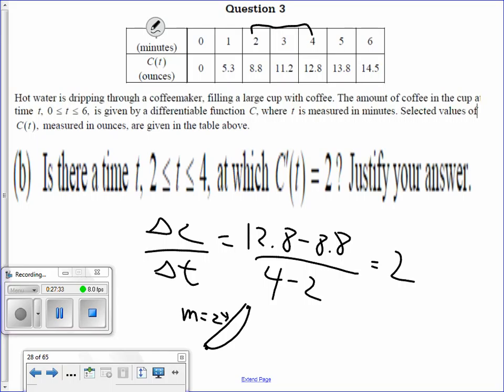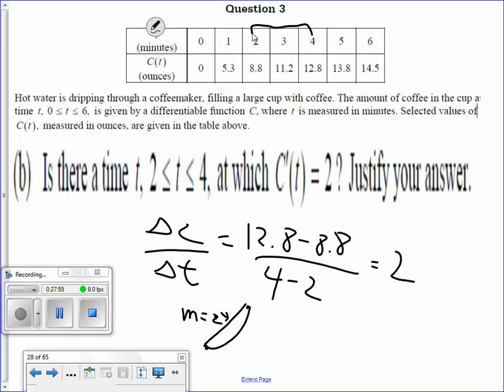What kind of a function does it have to be to have a point in there where the tangent has a slope of 2? This is one of the theorems that says as long as it's continuous and differentiable, this is the mean value theorem. Somewhere the slope of the tangent would have to equal the slope of the secant, the average rate of change.